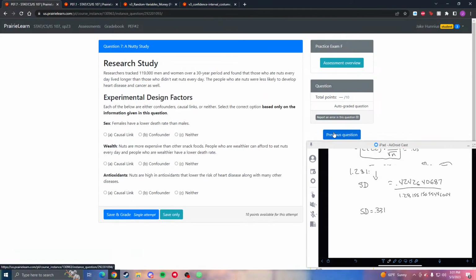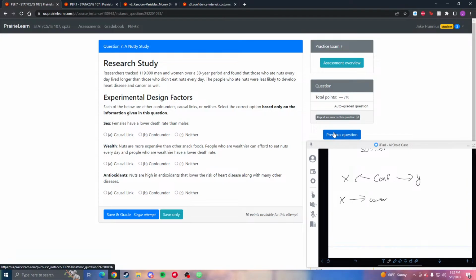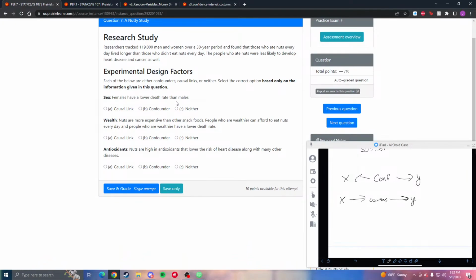A confounder is when y happens because of the confounder, and x happens because of the confounder. A causal link is x causes something, which causes y. That's the difference between those two.